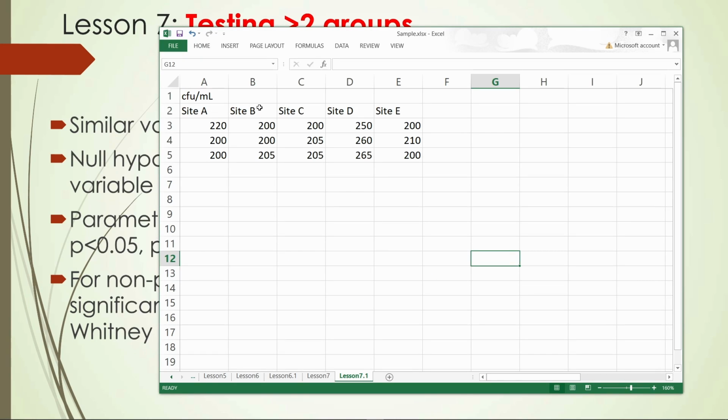So this is the CFU data collected from 5 sites. As count data does not follow normal distribution, we should log transform it.